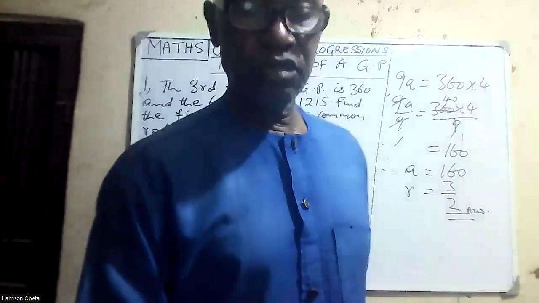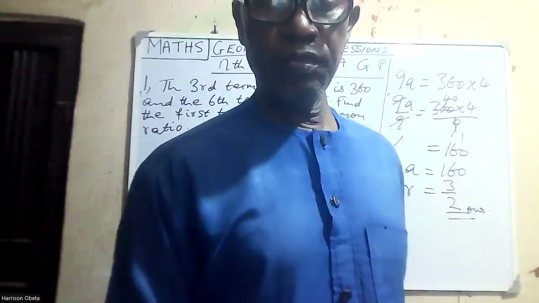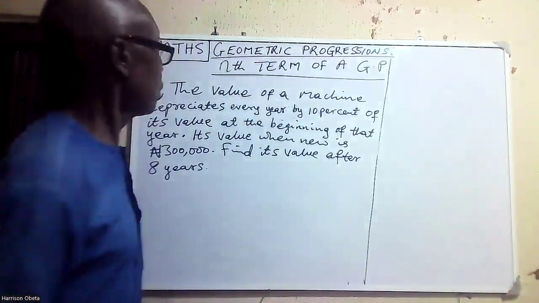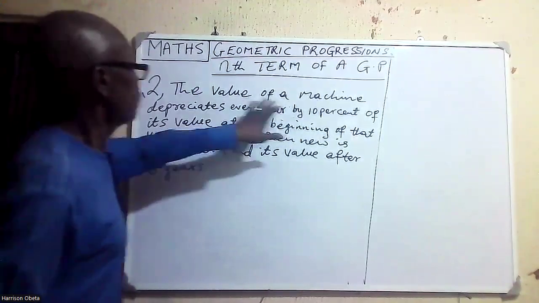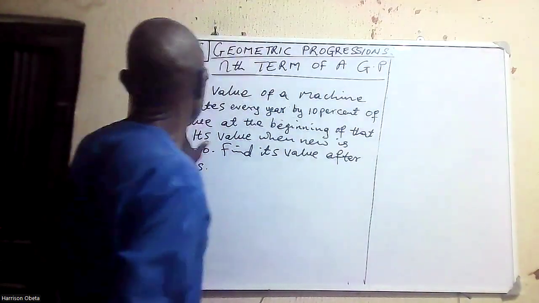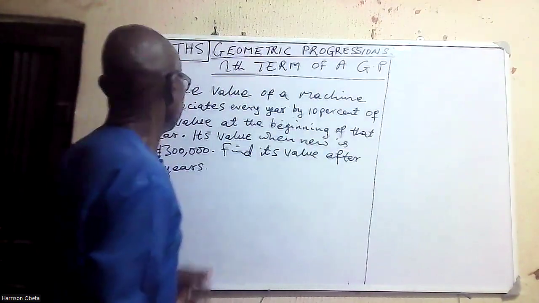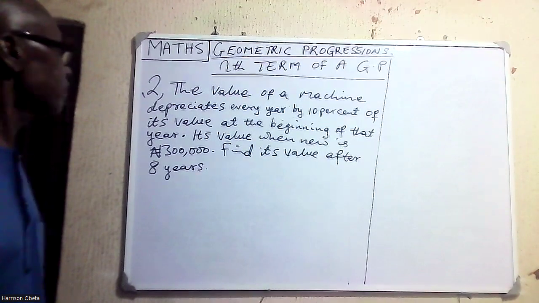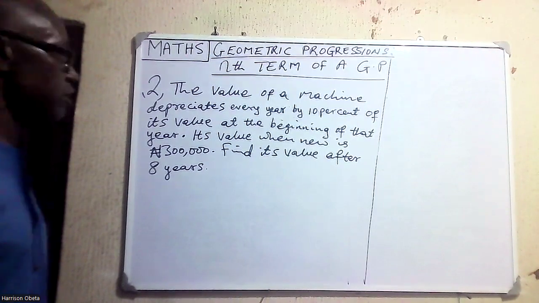Let us now go over to question number 2. The value of a machine depreciates every year by 10% of its value at the beginning of that year. Its value when new is 300,000 naira. Find its value after 8 years.